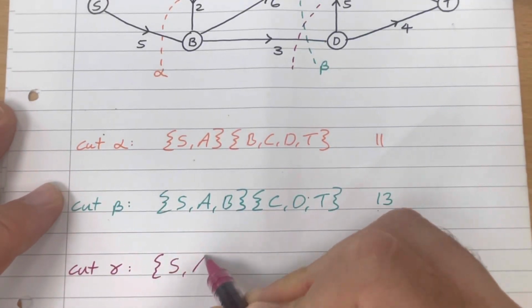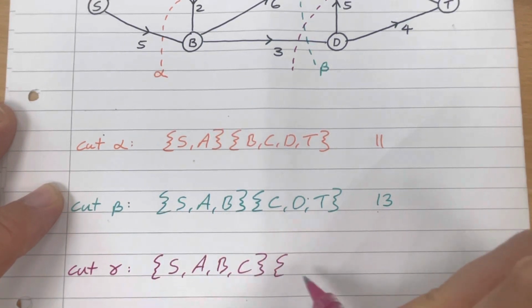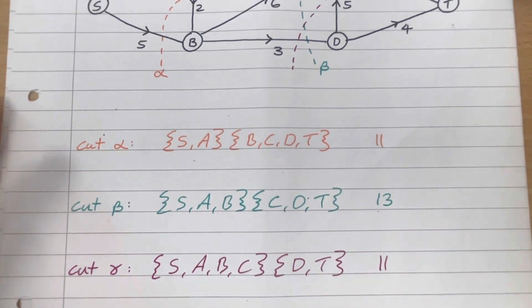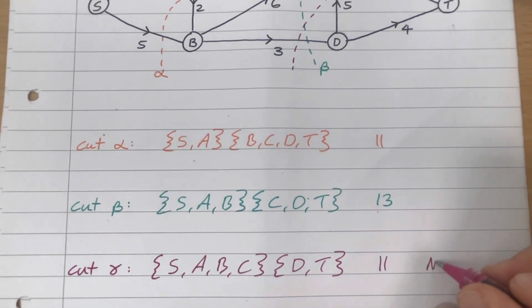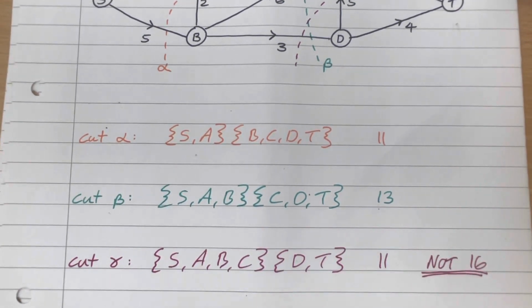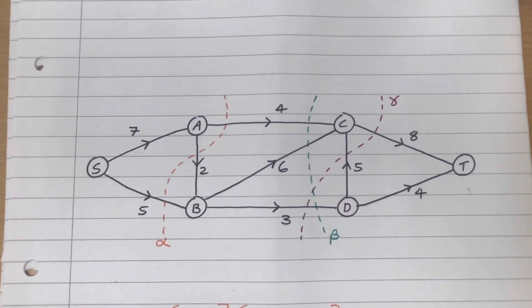So that's {S, A, B, C} and {D, T}. And that had a cut value of 11, not 16. Common mistake that students do make, but it is not 16 because for a cut value, you only add arcs which go from source side to sink side.